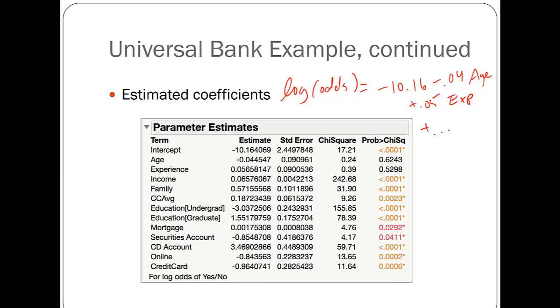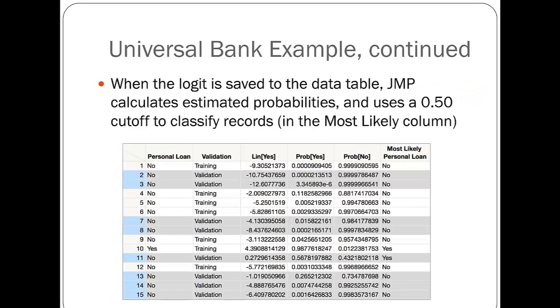Again, we haven't said anything about model choice or model fit, but these two p-values are a little bit suspect for age and experience, so this isn't necessarily the best model we would use for this. And we can now use this to get estimates of probability for each of the individuals in our data set, and using a cutoff of 0.5 we also get a most likely estimate for whether they would accept the loan or not.